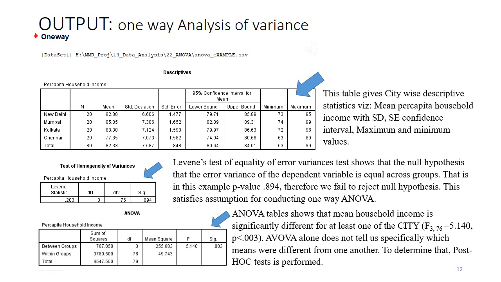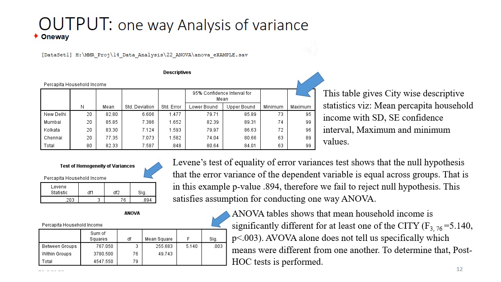After conducting the analysis of variance, the table is given here. That will give the between groups, within groups, degrees of freedom, mean sum of squares, and F ratio. Whether the F ratio is significant or not is given.